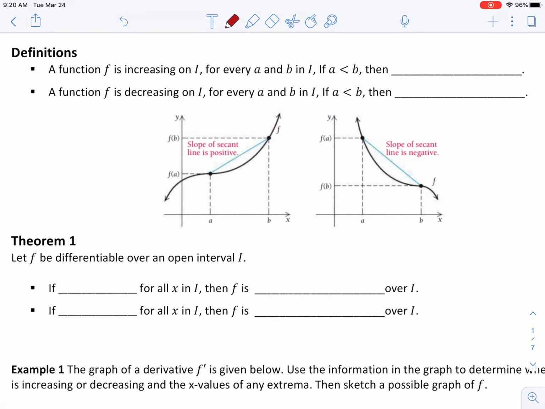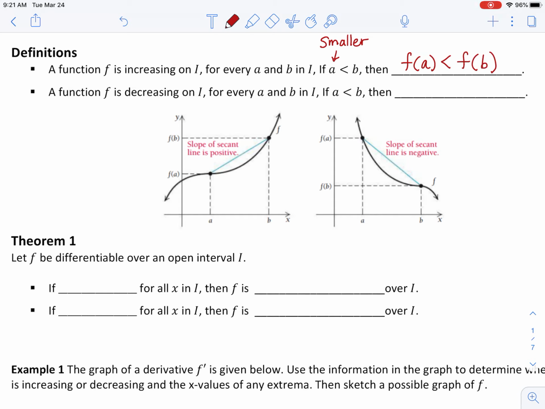Okay, the first definition, which you already know, is when a function is increasing or decreasing. First, function f is increasing on interval I if for every a and b in I, a smaller input value, if a is smaller than b, then the output should also be smaller: f of a will be smaller than f of b.